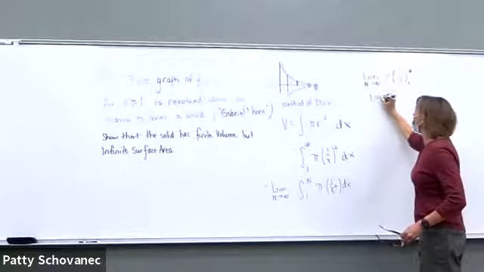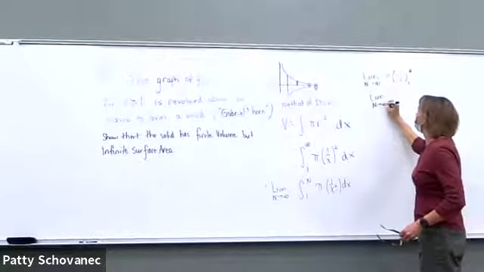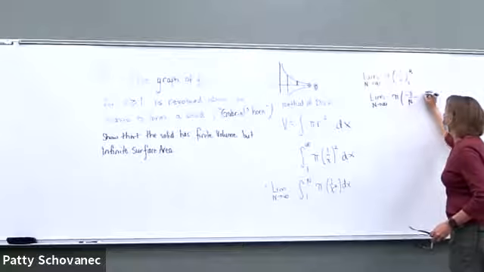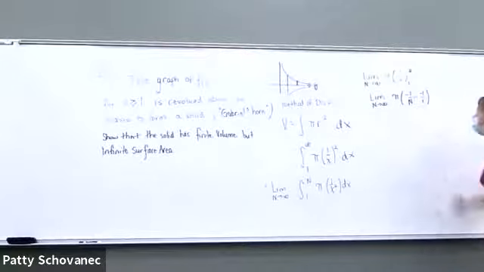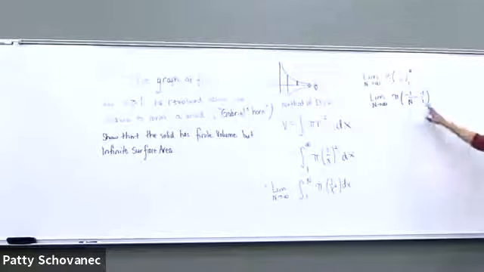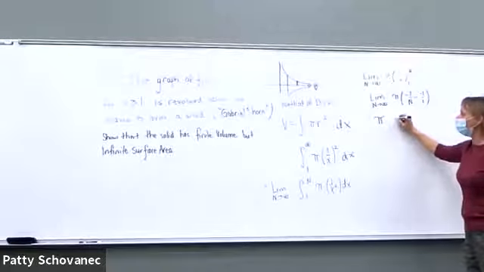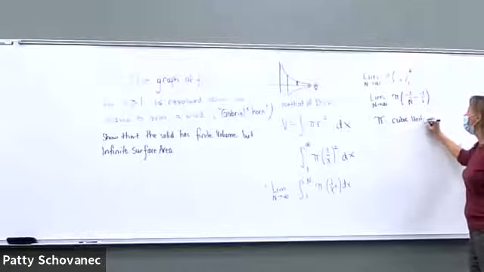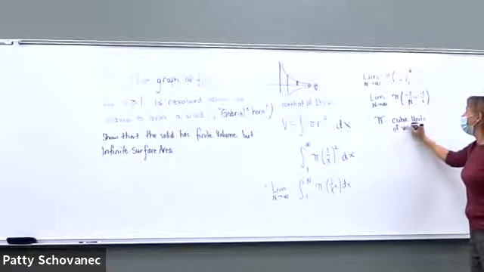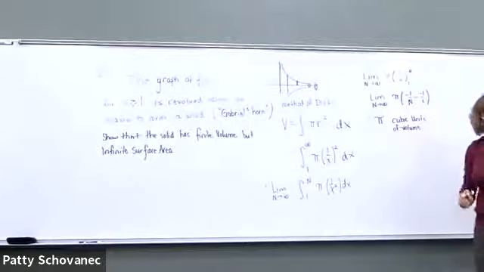So I take the limit as n goes to infinity of pi times negative 1 over n minus negative 1 over 1. As n goes to infinity, 1 over n goes to 0. Agreed? And so this goes to plus 1 times pi. I've got pi cubic units of volume. So there's the finite volume.